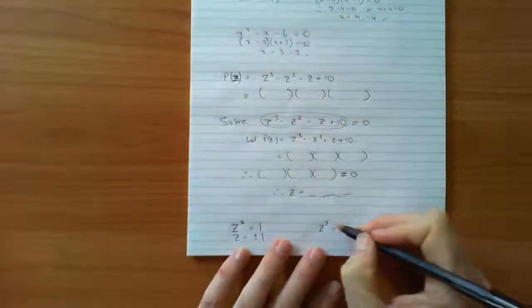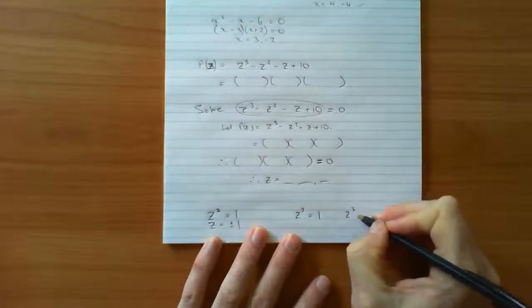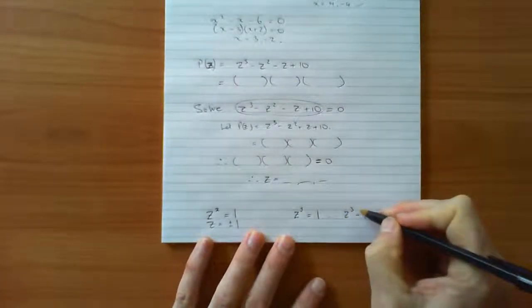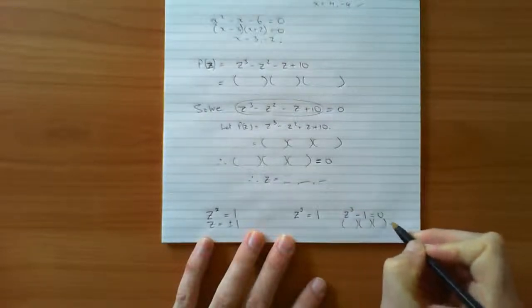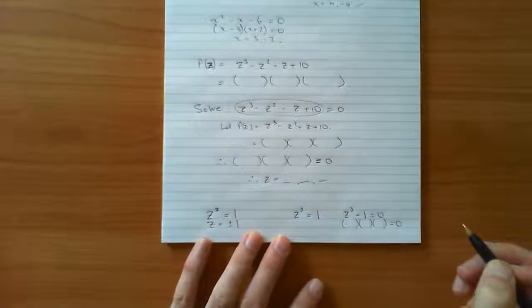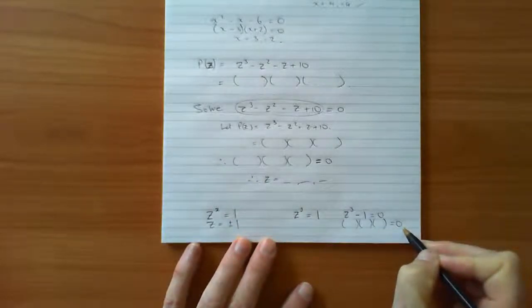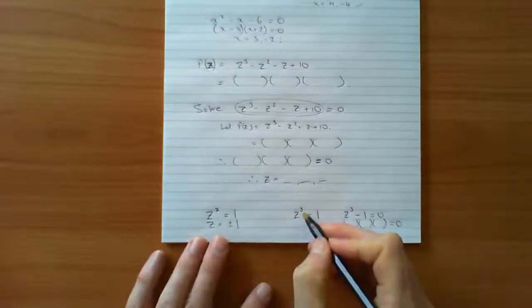Well, this is really a very simple polynomial. It's really z cubed minus 1 equals 0. Because it's a degree 3, it should really have 3 factors, and therefore 3 different solutions.